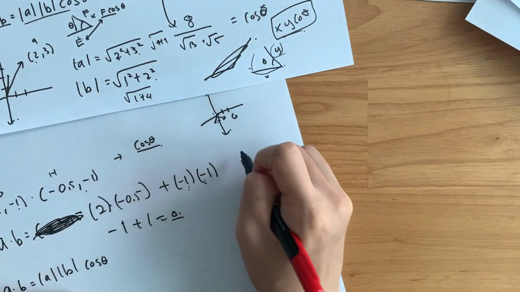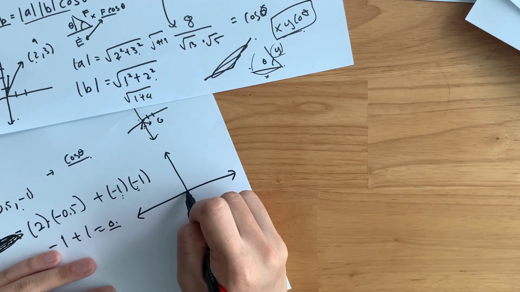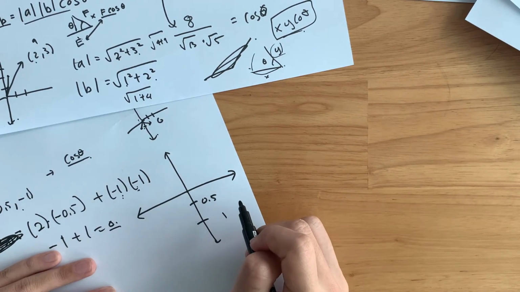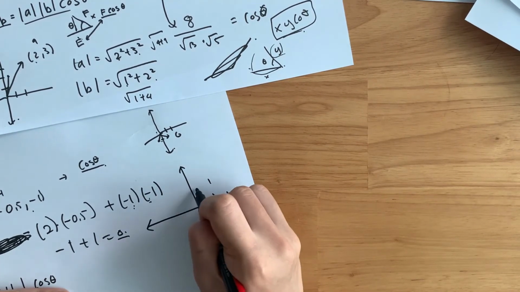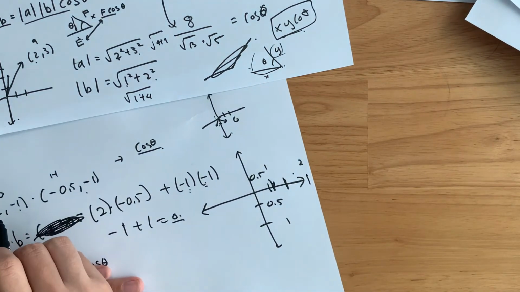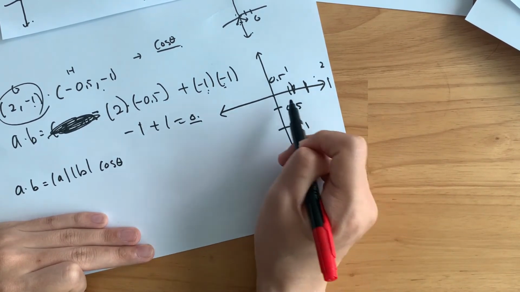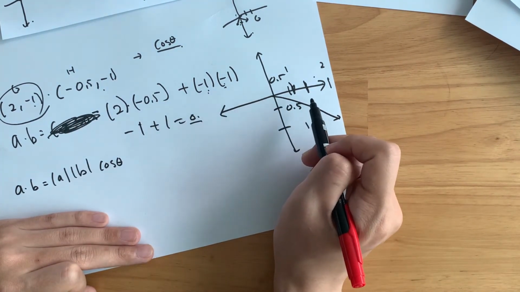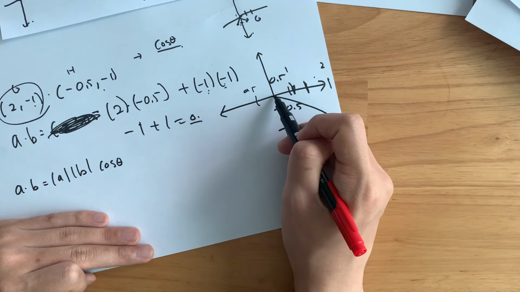If you look at this graph magnified, with 0.5, 1, 1.5, and 2 marked, we have a G that sticks out like this, and an H that sticks out like this.